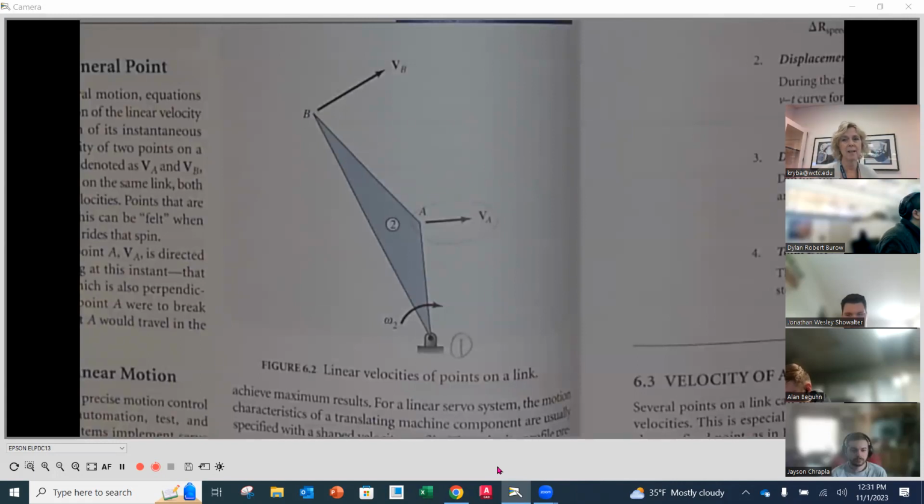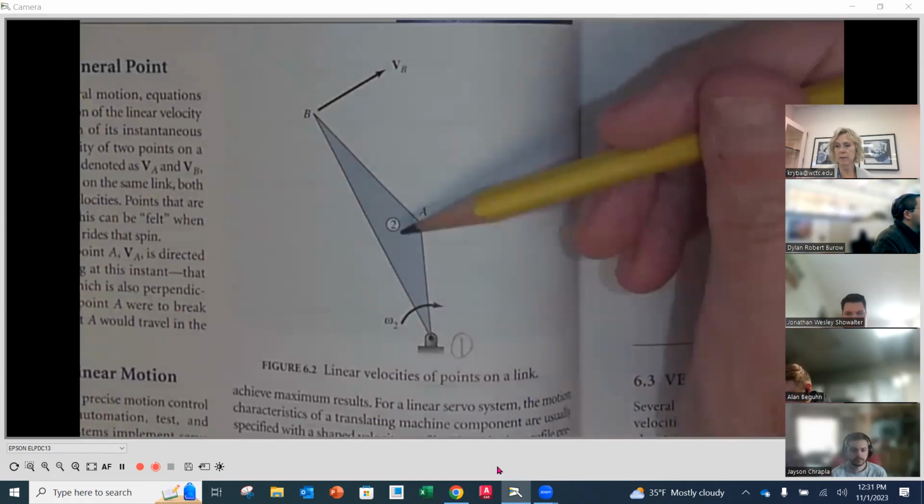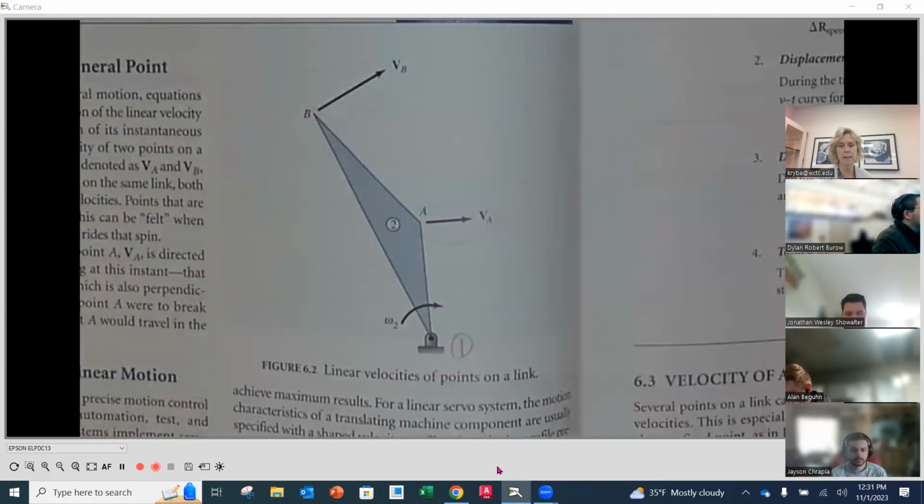Now, along the length of that link, that's why we're looking at A and at B. Along the length of that link, we can have an infinite number of points, but we have A and B identified here. And you'll notice that coming from A and B, they have a velocity.